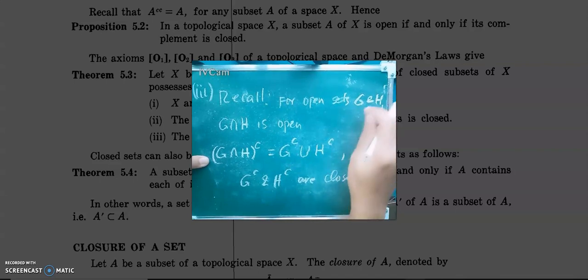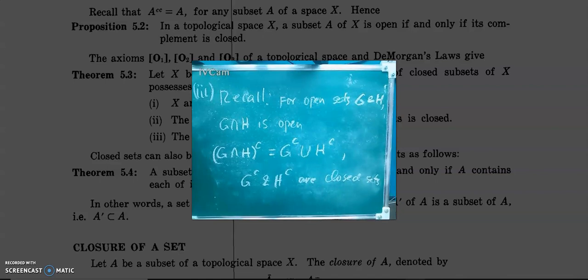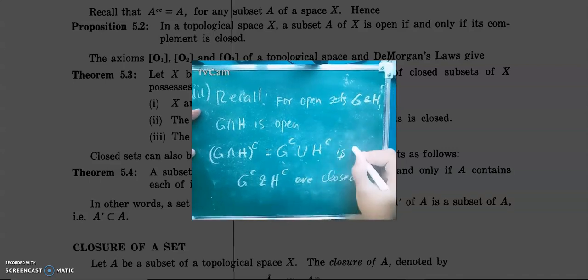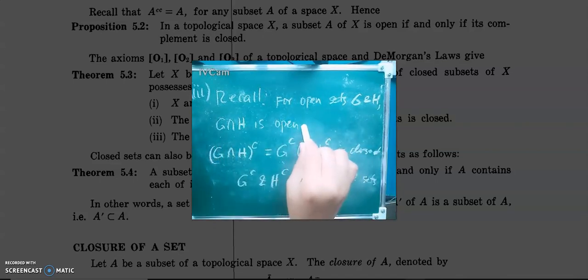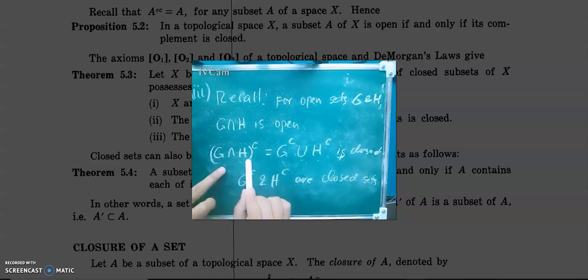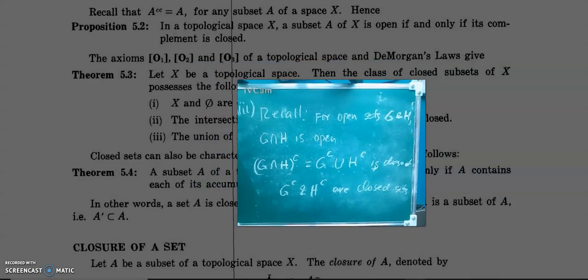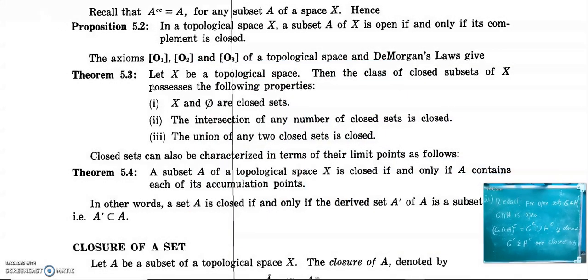Closed sets, because G and H are open. Now here we have shown that the union of two closed sets is closed. Why is this closed? Because G intersection H is open, and by getting its complement, the complement is closed. So we're done showing the three conditions here.